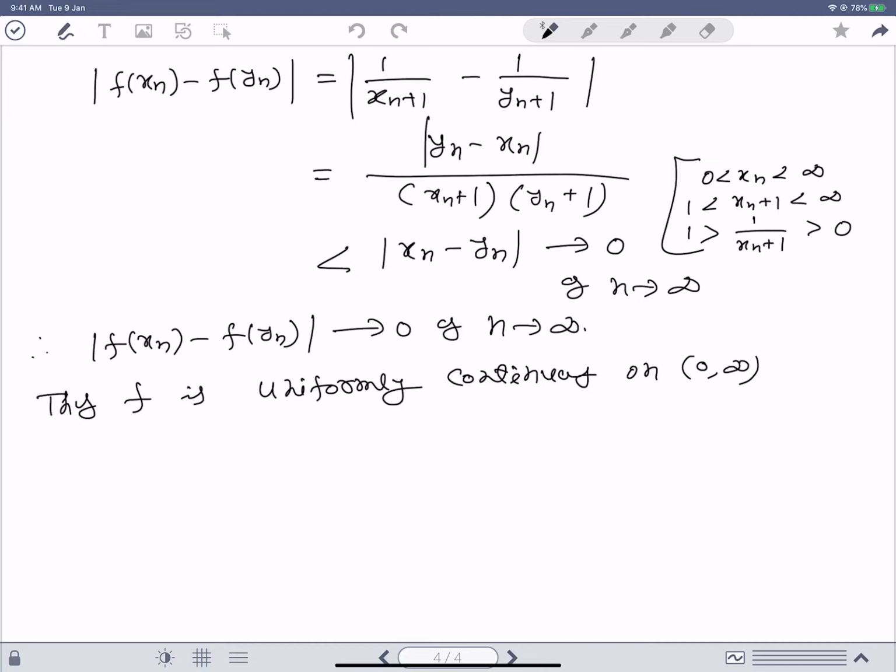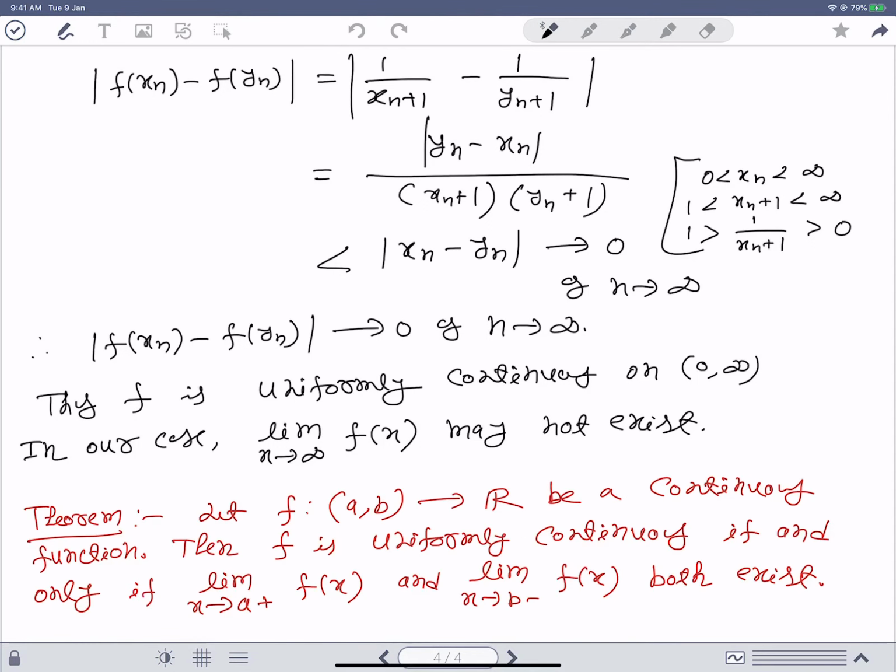So therefore we can say that in our case the limit as x tends to infinity of f of x may not exist, right? Now note that during this proof I used one important result of uniform continuity, and here I state this.